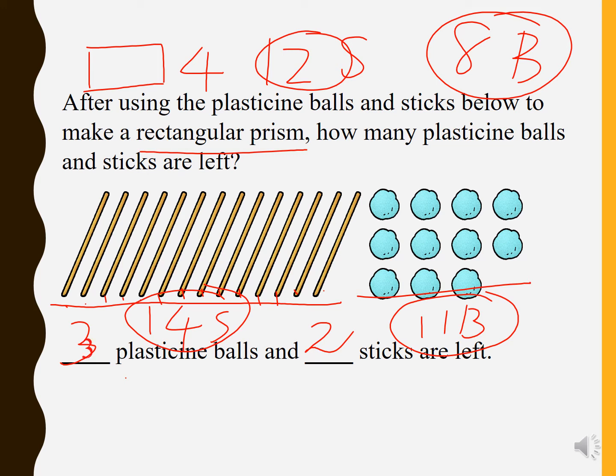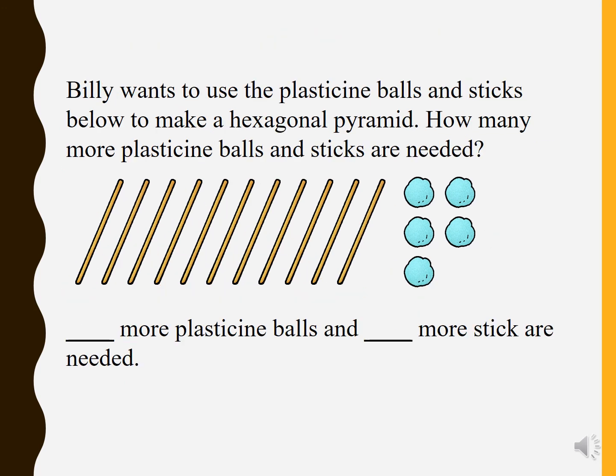Next one. Billy wants to use the plaster symbols and sticks below to make a hexagonal pyramid. How many more plaster symbols and sticks are needed? So this time we are going to make hexagonal pyramid, and we need to consider how many more balls and sticks are needed.